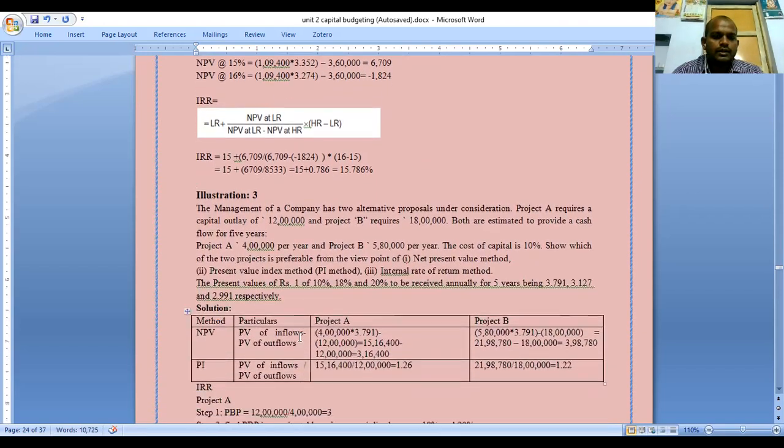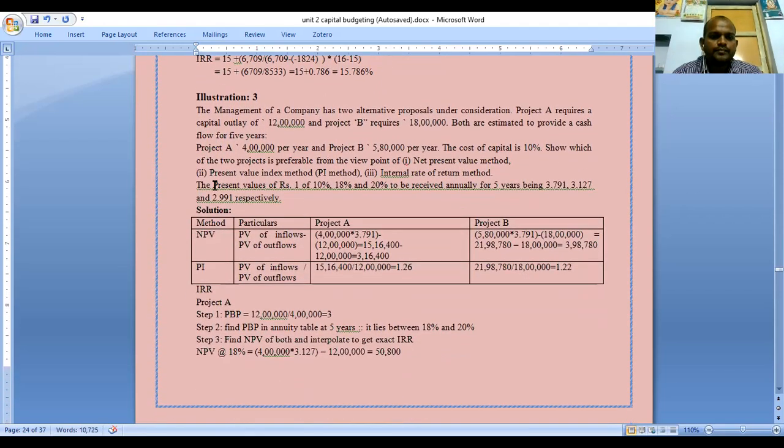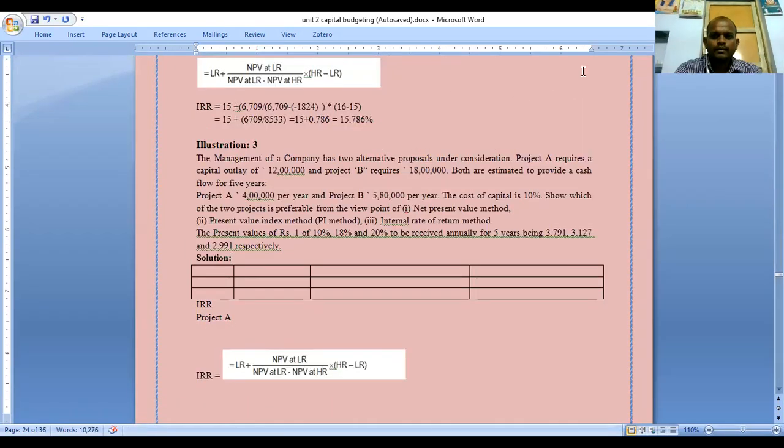So next, illustration 3. Management of a company has two alternative proposals under consideration, Project A and Project B. Project A requires 12 lakhs outlay and Project B requires 18 lakhs. Both are estimated to provide cash flows for 5 years.